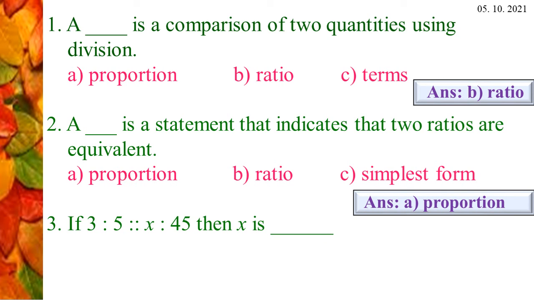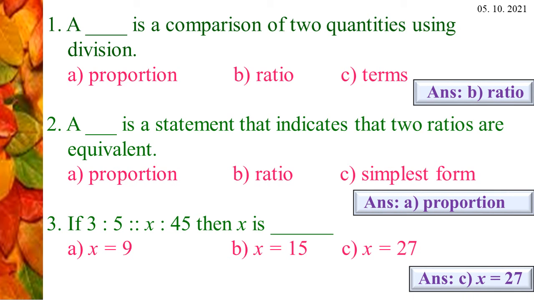Third question, if 3 is to 5 proportion x is to 45, then x is dash. Option A, x equal to 9. Option B, x equal to 15. Option C, x equal to 27. Answer C, x equal to 27.